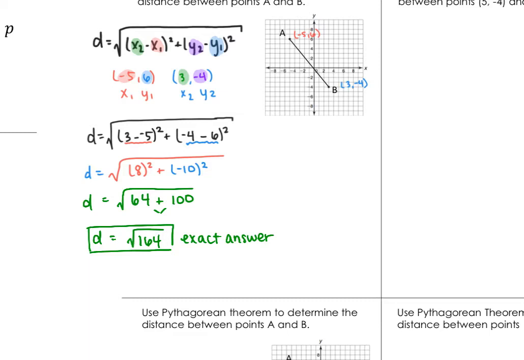I only want you to round to 2 numbers after the decimal. The symbol we use for approximate is a squiggly equal sign. So d is approximately 12.806. Since the number after the 0 is higher than 5, we round up. So 12.81. This we call our approximate answer.